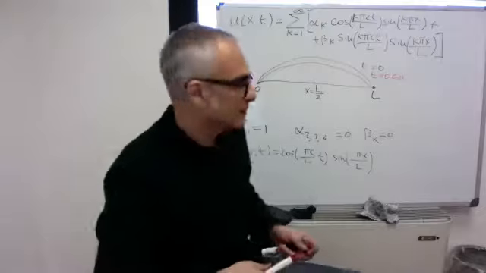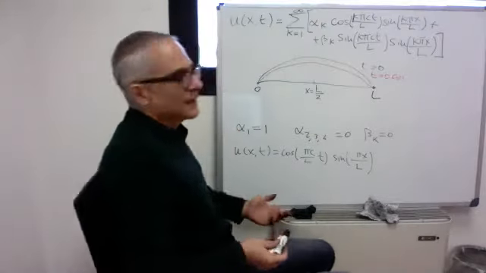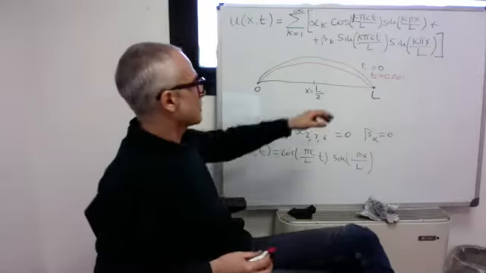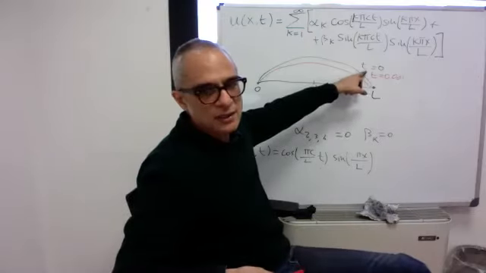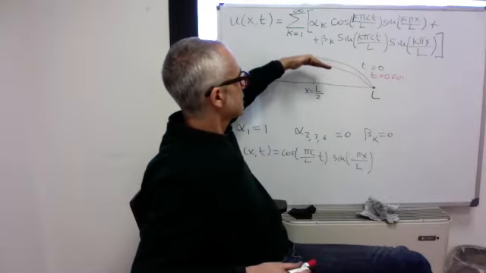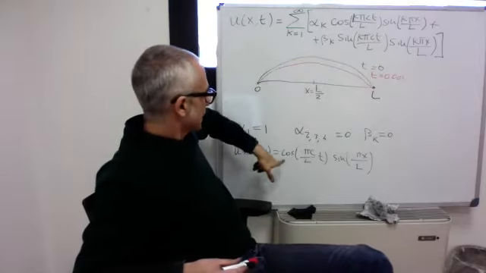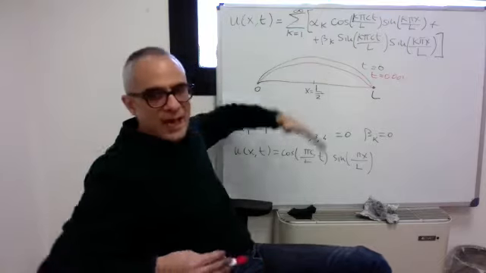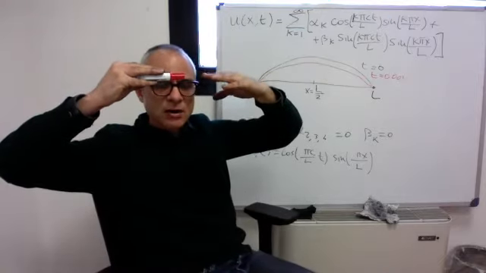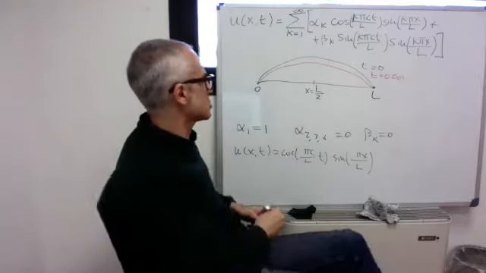I don't know exactly. Everything is not to scale here, right? But anyway, a small fraction of a second after the initial time, this thing is going to be moving a little bit. The cosine becomes smaller, so the amplitude of the displacement is smaller, and the string is moving back towards its initial position.